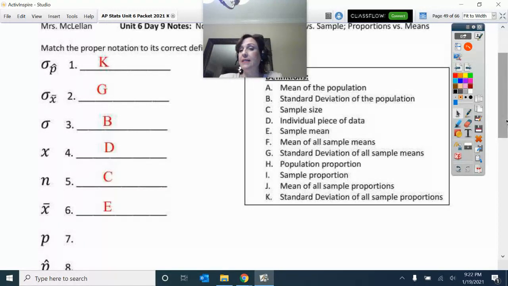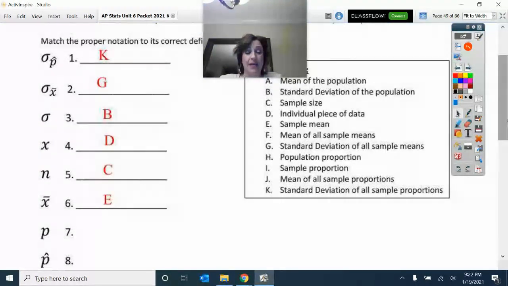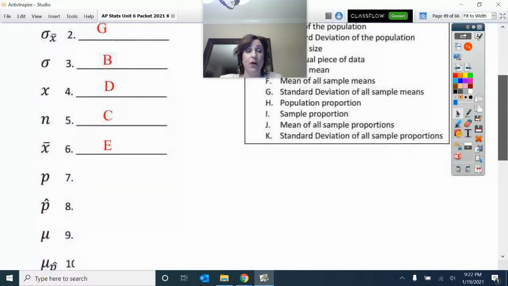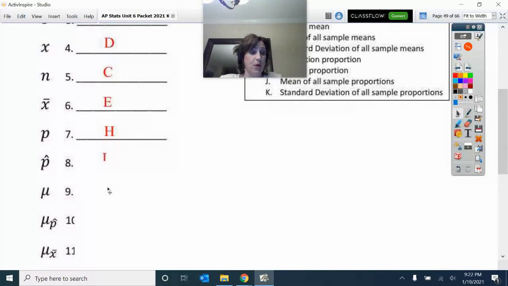Now, P, just plain P versus P hat. So P is going to be that population proportion, versus P hat, which is what you got when you got a sample. Now then, here's just plain mu. So look, here's a few mu's.